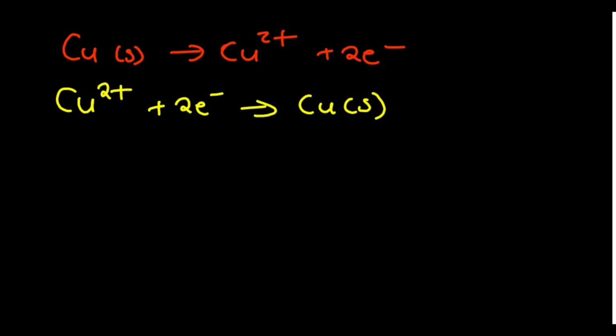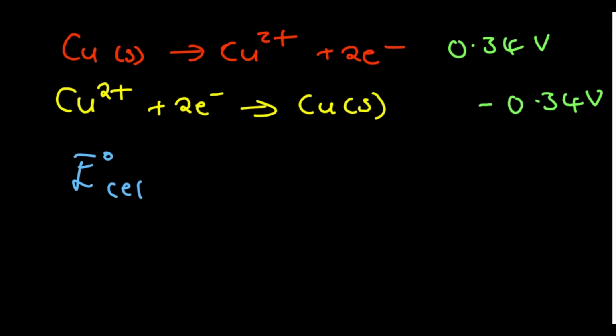the reduction cell potential of copper is 0.34. So we expect that on the other side it will be a negative value of the same size. Assuming you want to determine your standard cell potential, E cell, if you add the two values, you get 0 volts.